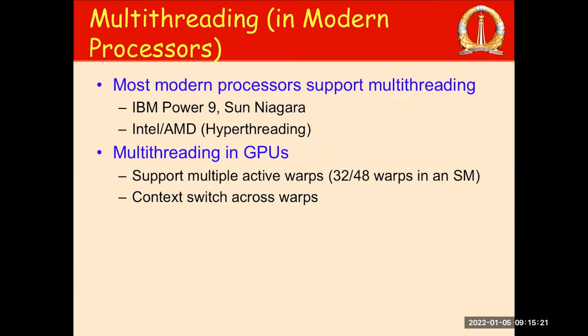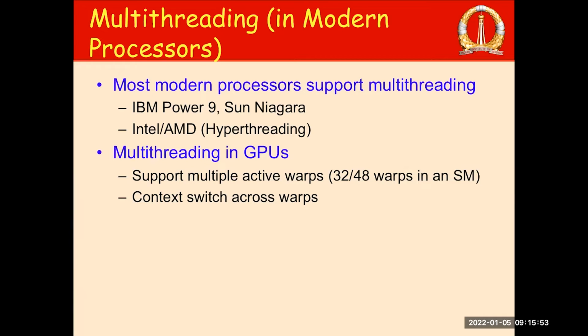More importantly, in the context of graphics processing units, GPUs essentially support multiple threads, and they do multi-threading of a group of threads called a warp. In a GPU, particularly in a streaming multiprocessor, you do a context switch from one warp to another warp. The idea is very similar to multi-threading.